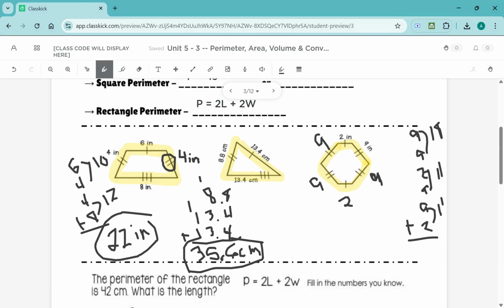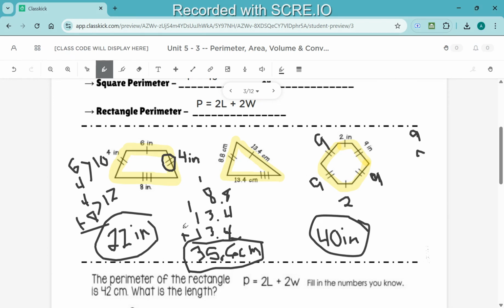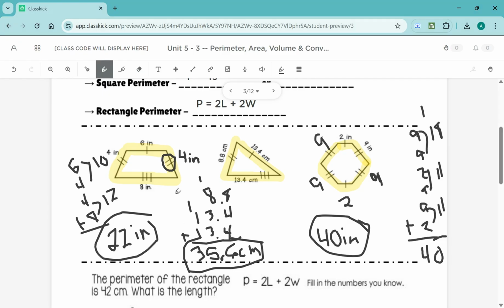Two plus 9 is 11, and then when I add all the way down, 8 plus 1 plus 1 is 10. Carry my 1. 1, 2, 3, 4. Just a reminder, perimeter is the outer part of the shape, the distance around it.